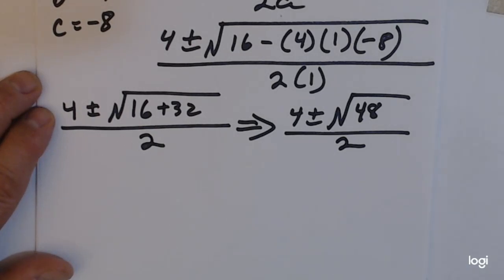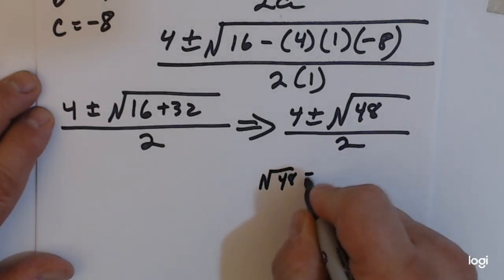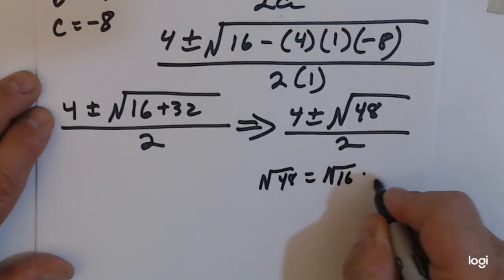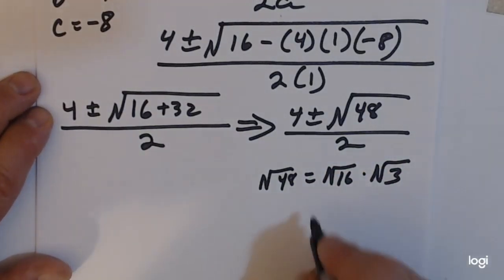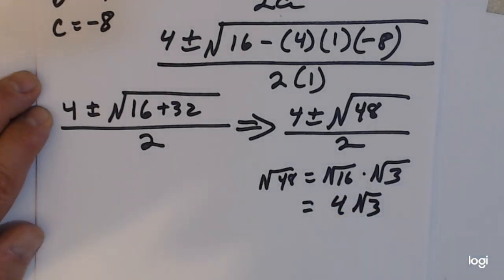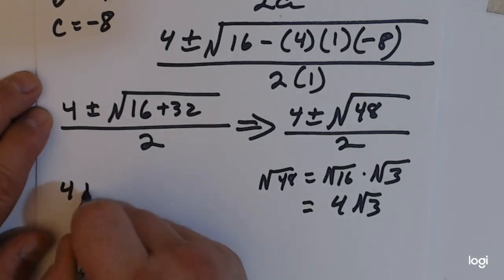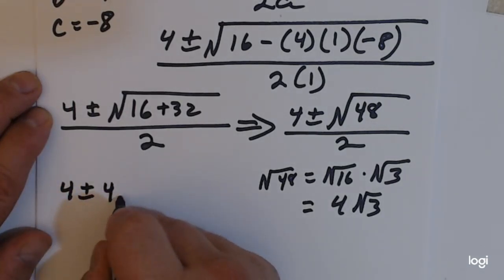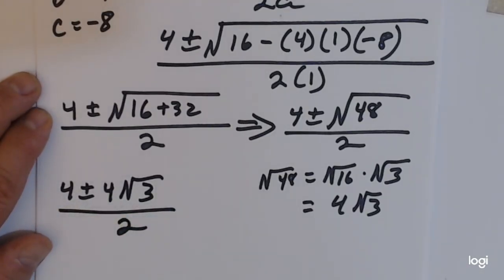And 48 is 16 times 3. So the square root of 48 is equal to the square root of 16 times the square root of 3, which is equal to 4 times the square root of 3. So we get 4 plus or minus 4 times the square root of 3 all over 2.